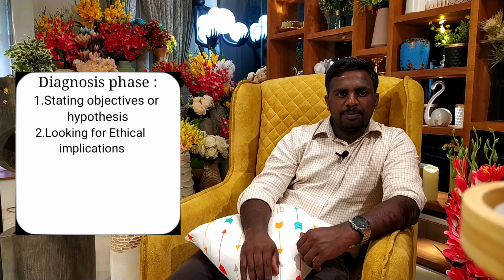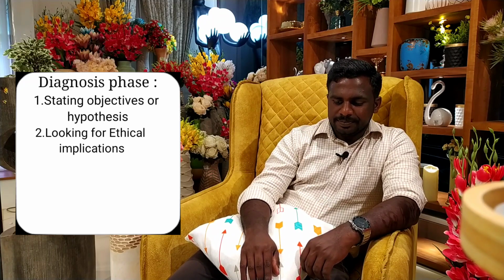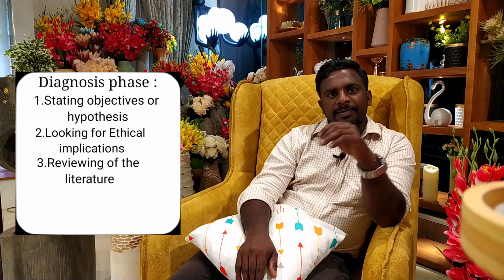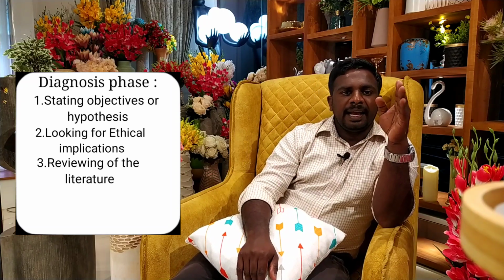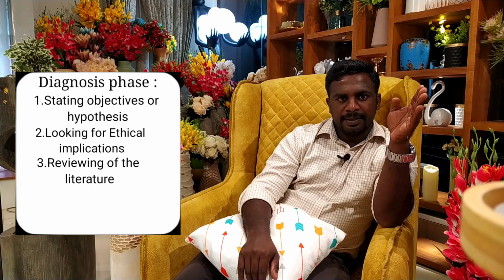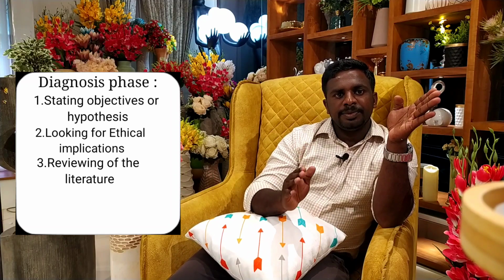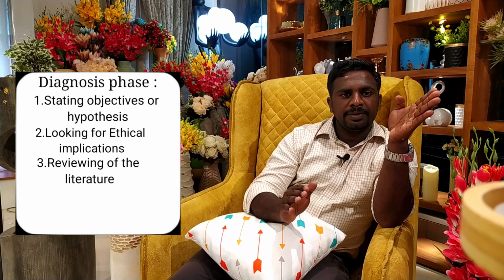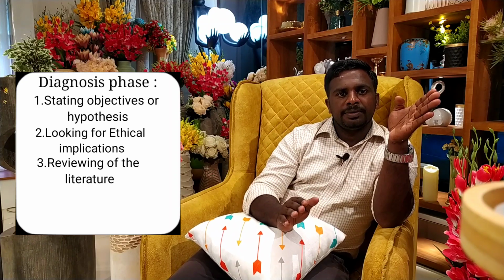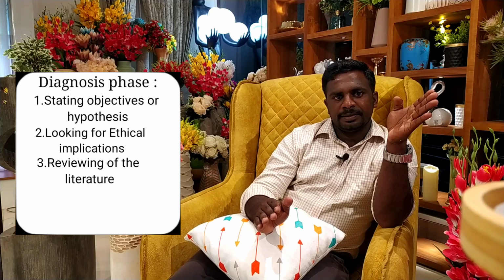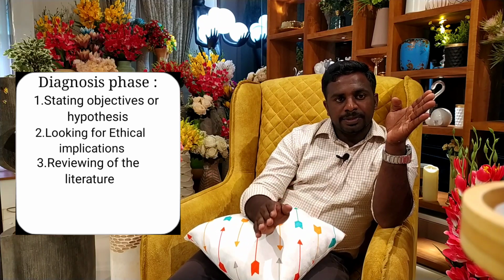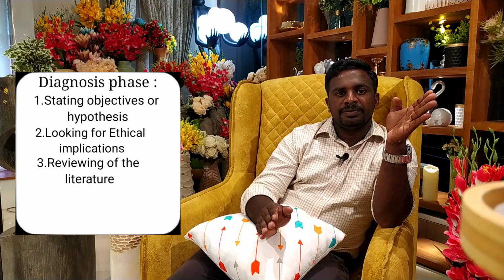Okay. Next one is the third point in the diagnosis phase. That is review of literature. Review of literature means, as UG students, you can't do the research directly. For that, there should be supportive studies. If you are going to do research about the coronavirus or COVID-19 or whatever it is, you need some supportive studies for that.